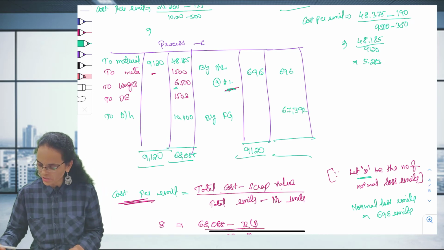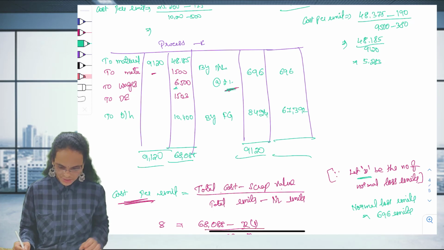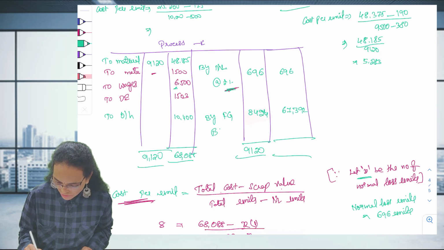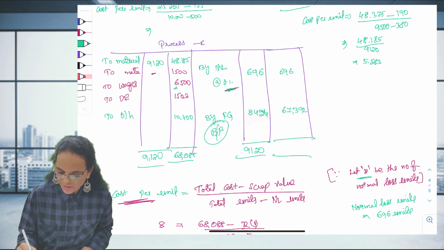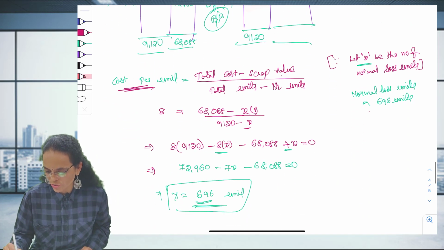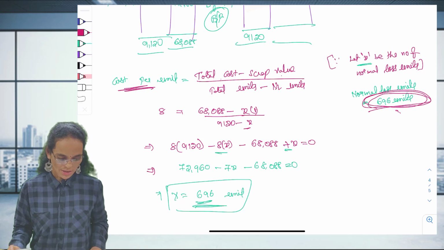How many units? 9,120 minus 696, that is 8,424 units. These are the right units. So balancing figure we can say. This is how you write the question in the examination. Normal loss units are this one. He asked this one only. Ultimate answer is this one.